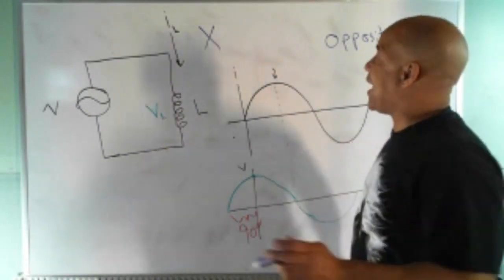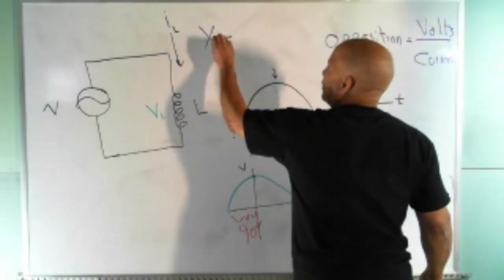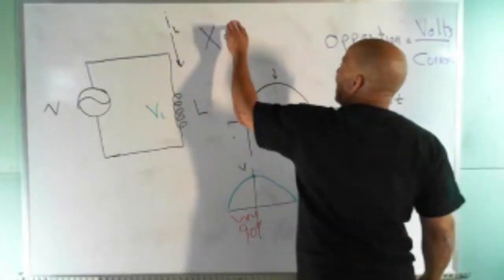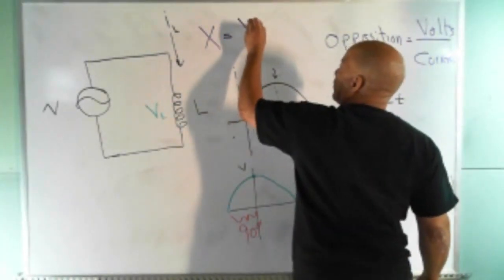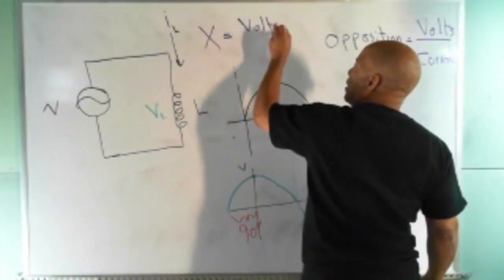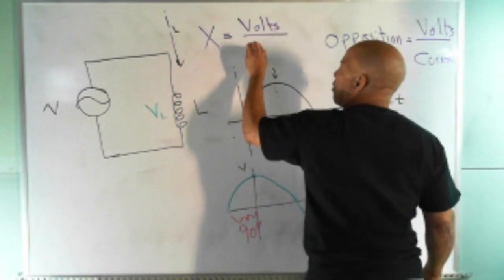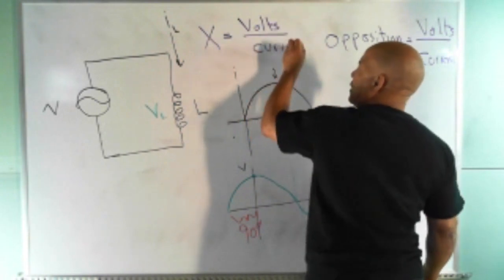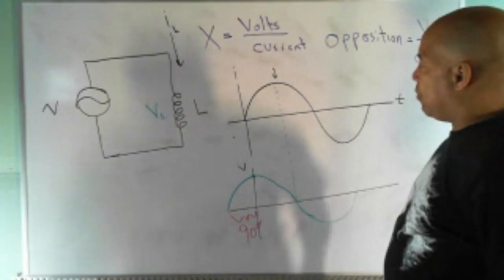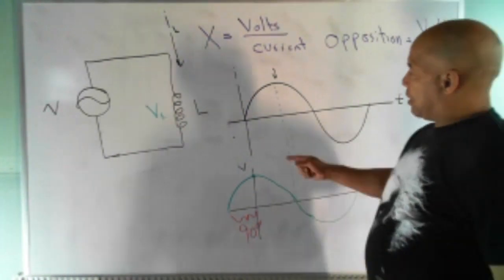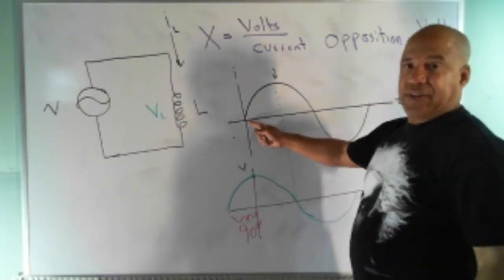Whatever this opposition X is, I know to get the value of it in ohms, I got to take the voltage and divide by the current. And that gives me the opposition, whatever it is. Well, my current is at 0 degrees.